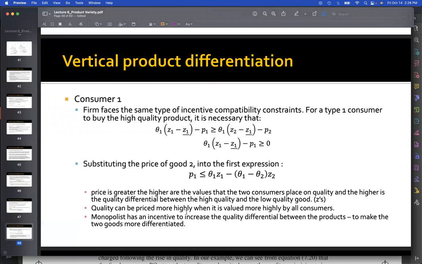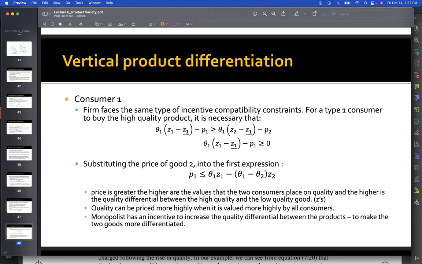Now, the price is greater, the higher are the values that the two customers place on quality. So that means theta 1 and these two things together. Generally theta 1 is the larger one than theta 2. So the higher theta 1 is, the higher P1 is.